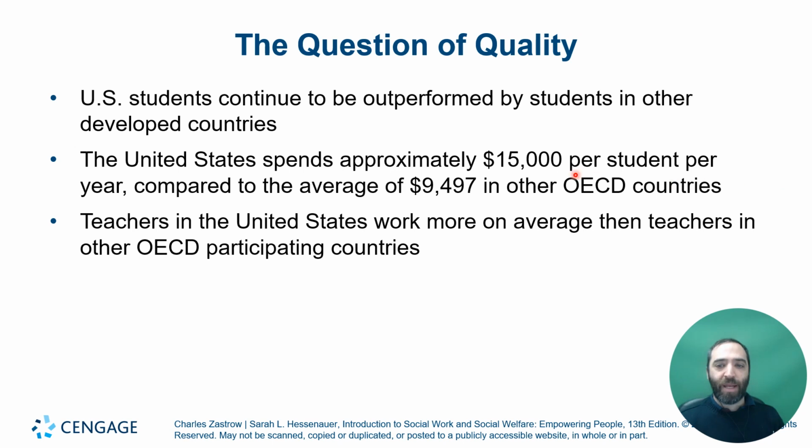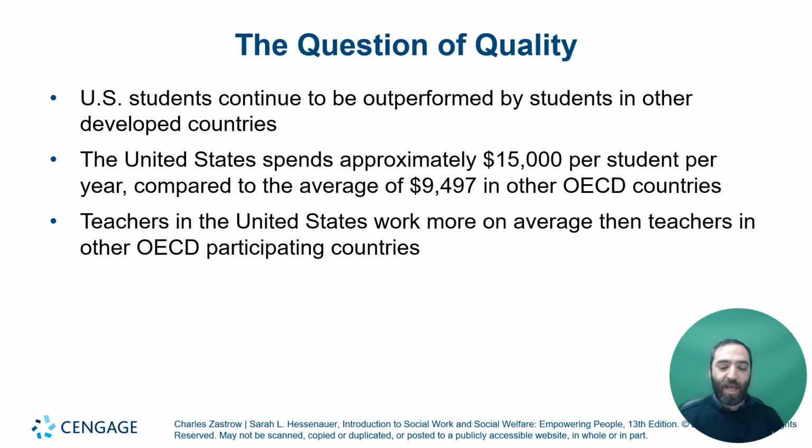We spend more money, $15,000 per student per year compared to roughly $10,000 in other richer countries. So something's funny, right? Here's my suspicion: in those other countries, the other parts of society do more things.